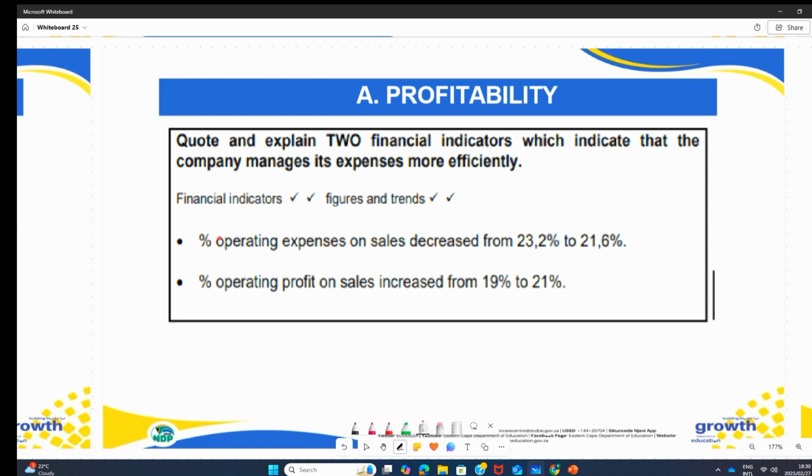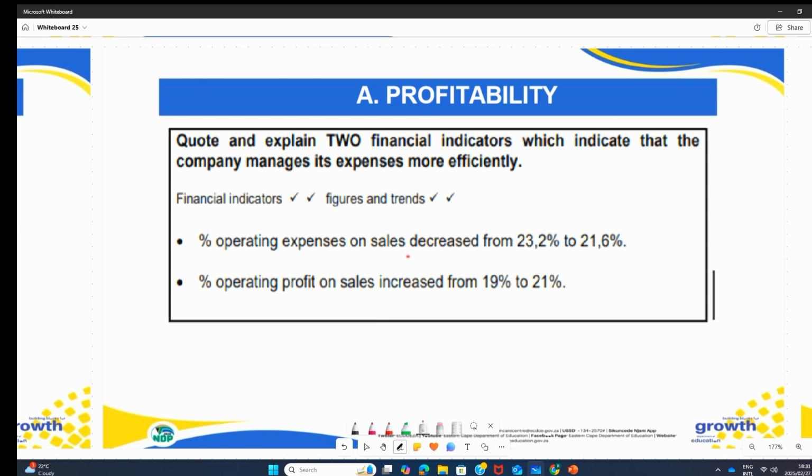Now, the percentage operating expenses on sales, as we can see, has decreased, as we have stated here. So, you have shown the trend. After you have shown the trend, you then use the figures. Now, it has decreased from what to what, meaning that what was our percentage operating expenses on sales in the previous financial year?